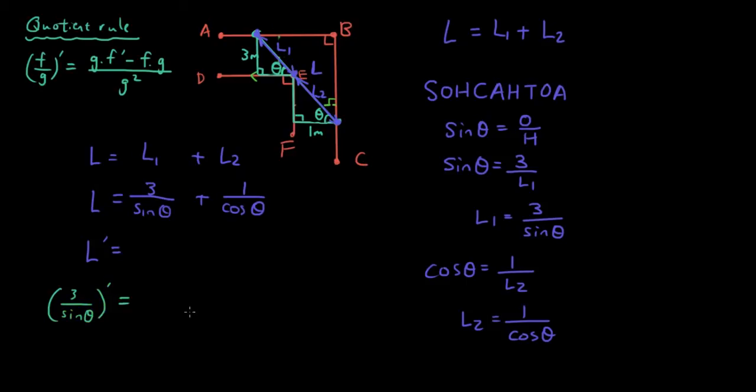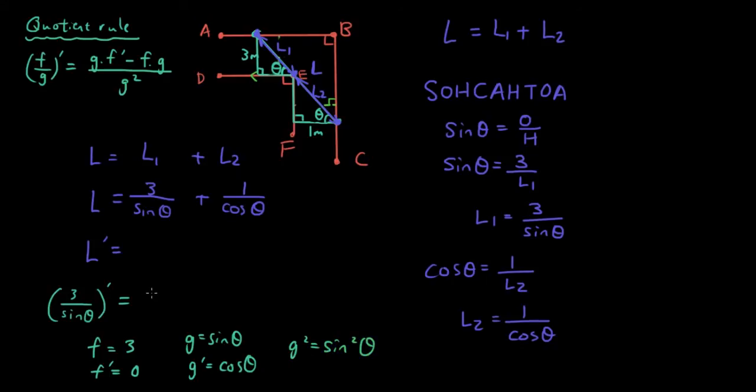So f is 3, f dash is nothing, so 0. g is sine theta, and g dash is, sine differentiates to cosine theta, and g squared is sine squared theta.